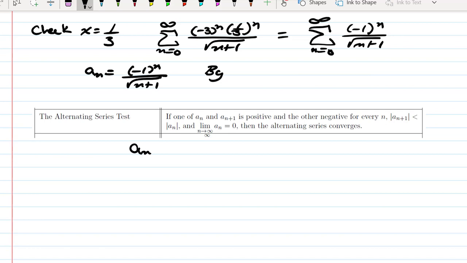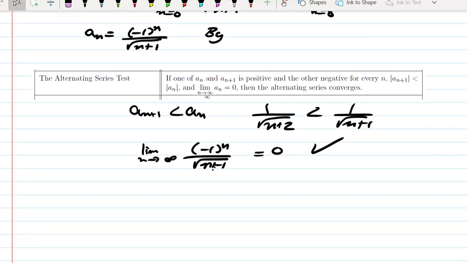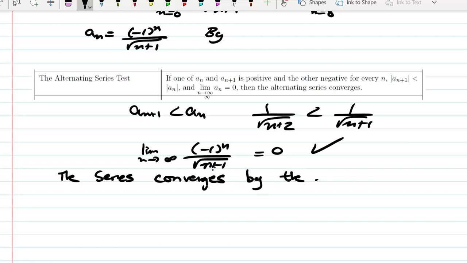We're going to have that a sub n plus 1 is less than a sub n, because 1 over the square root of n plus 2 is less than 1 over the square root of n plus 1. If you make the denominator bigger, you make the fraction smaller. And the limit as n goes to infinity of negative 1 to the n over the square root of n plus 1, a constant divided by infinity, does equal 0. So the series converges by the alternating series test.